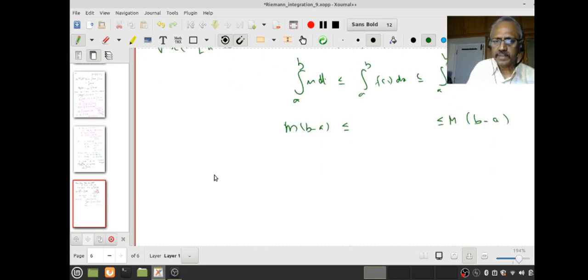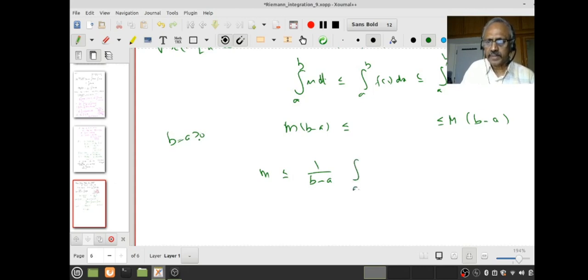I get that m is less than or equal to 1 by (b minus a) times the integral. Now remember, b minus a is positive, therefore 1 by (b minus a) is positive. Therefore I can multiply this inequality by a positive quantity, and the inequalities remain the same way. This implies this. Is that clear?